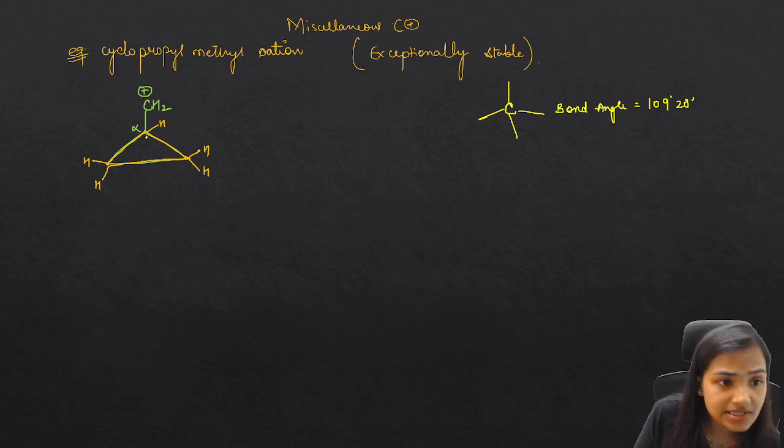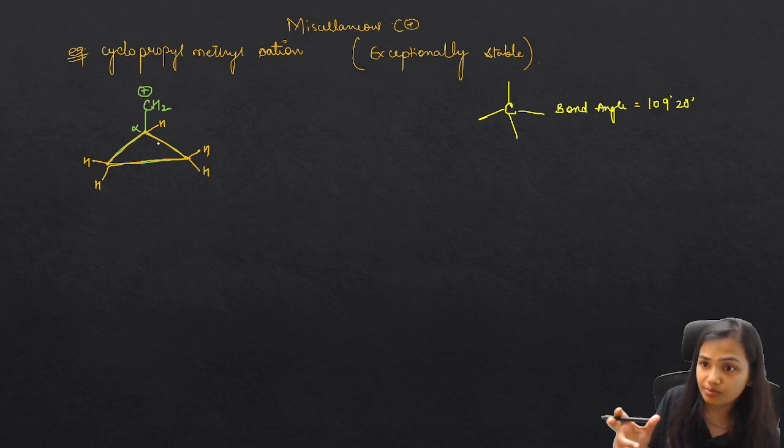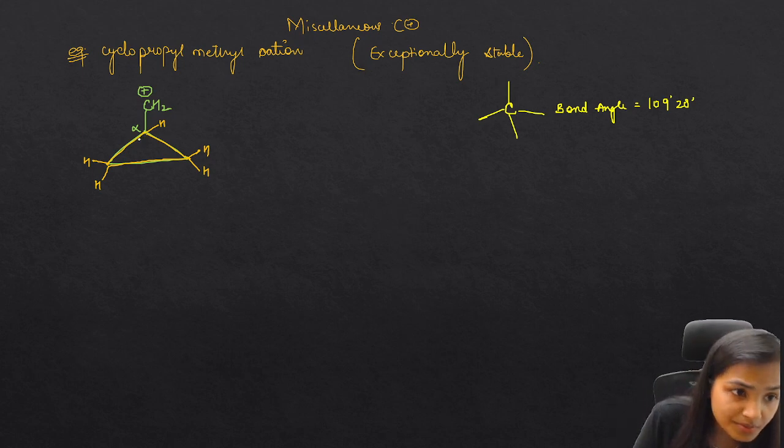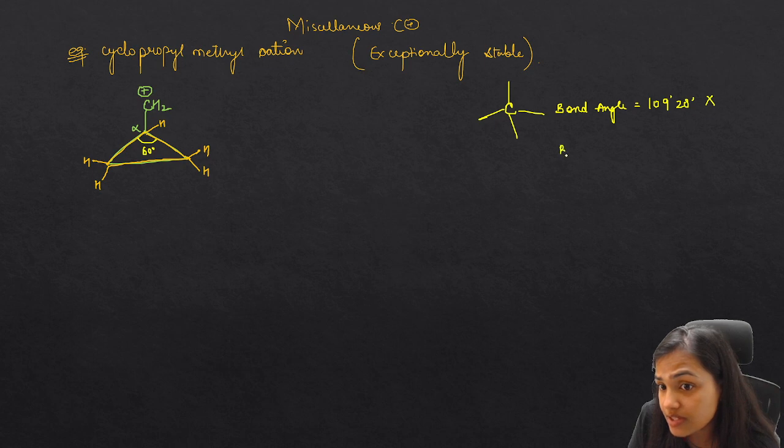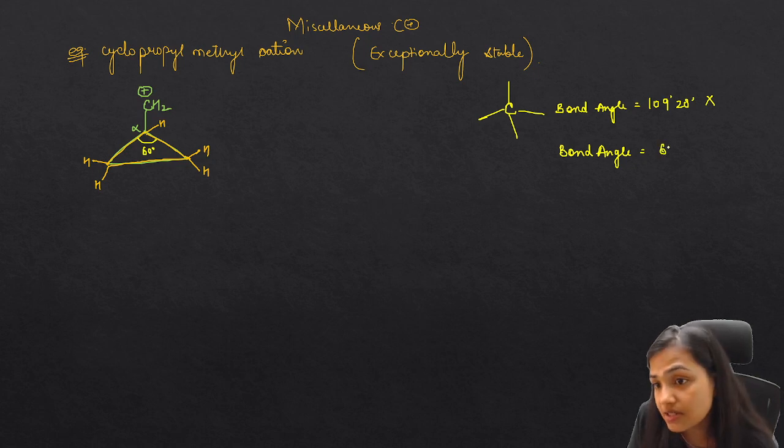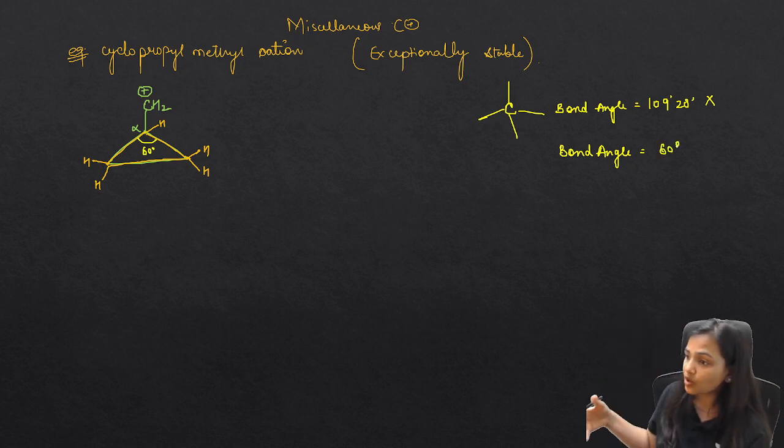But here we can see that this is a triangle. This is a cyclopropyl. So because of the cyclopropyl, the angle is going to be 60 degrees. Here the bond angle is not 109 degrees; it has decreased to 60 degrees. So there is a decrease in bond angle.